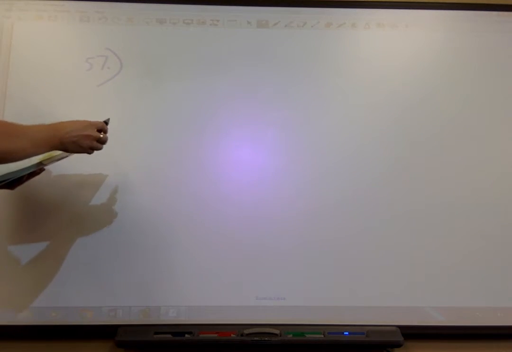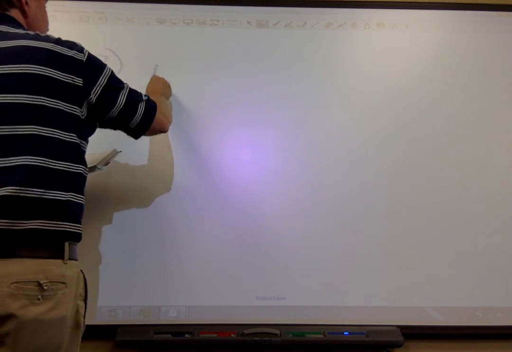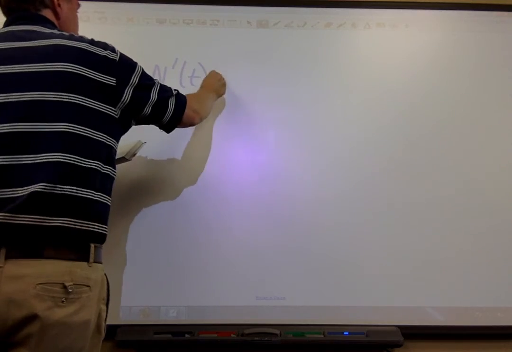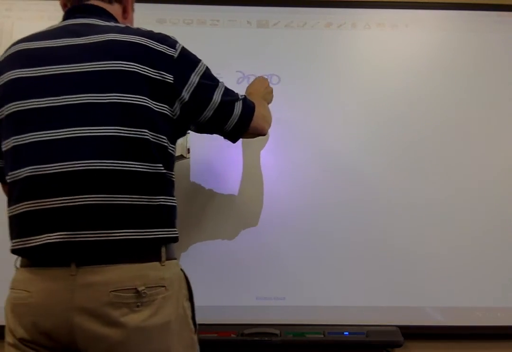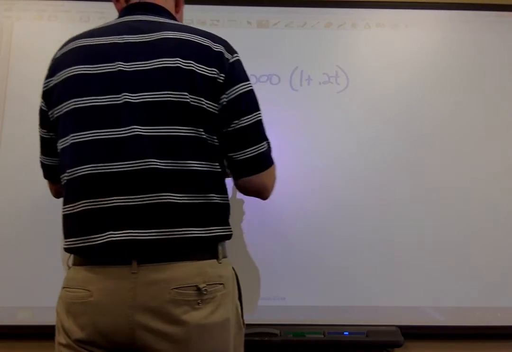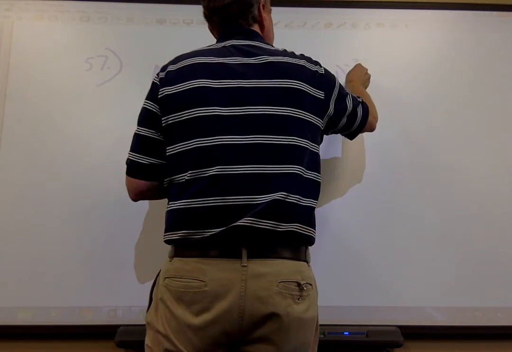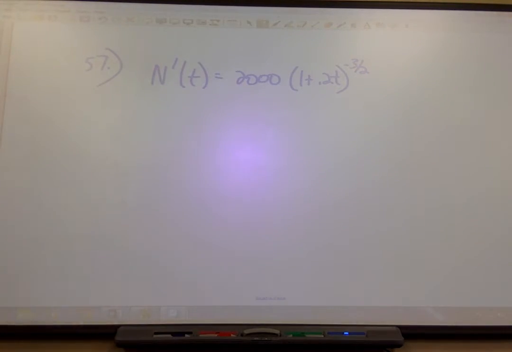57 says the registrar at Kellogg University estimates student enrollment in continuing ed will grow at the rate of n prime of t, which is 2,000 times 1 plus 0.2t to the negative 3 halves. Okay.